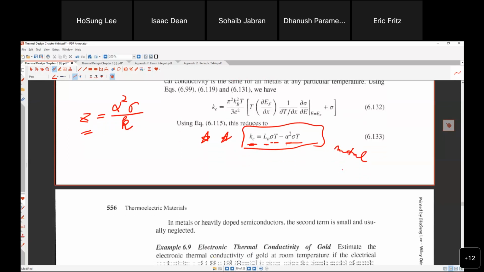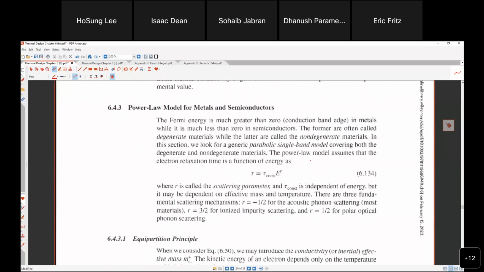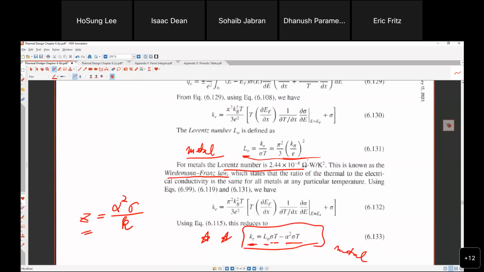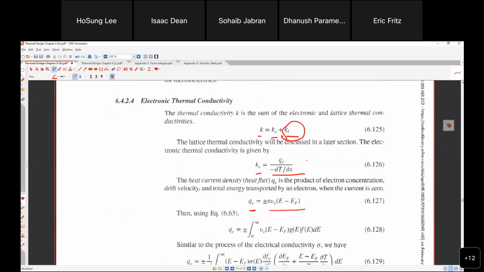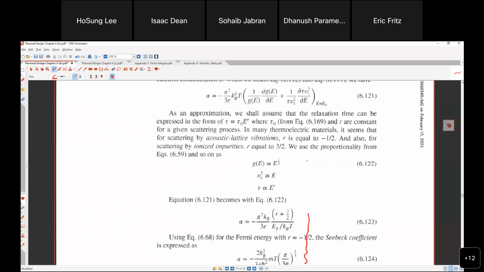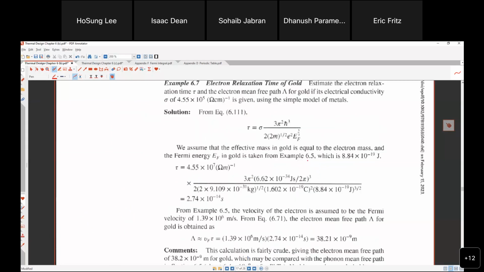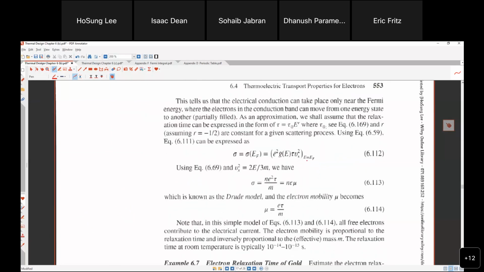Okay, now we haven't defined the relaxation time, because the electrical conductivity is proportional to the relaxation time.